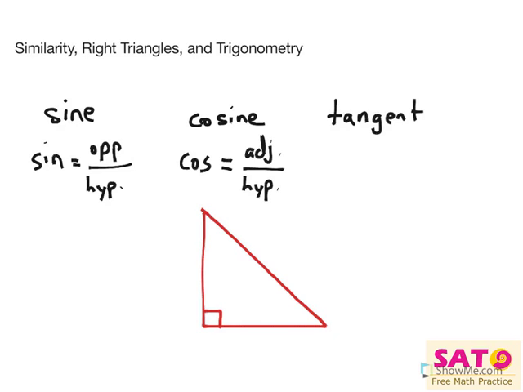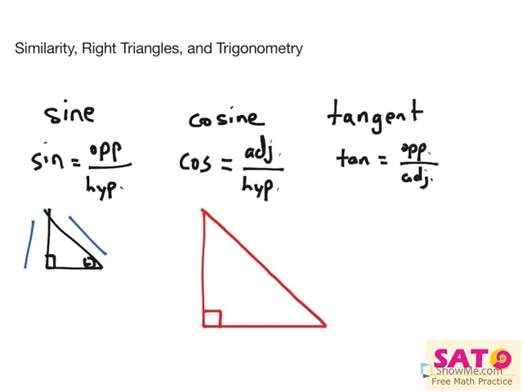The last one would be tangent, which we'll call tan, equals the opposite over the adjacent. How would this look? Well, for sine, let's say we're solving for this angle, we would say opposite over hypotenuse.